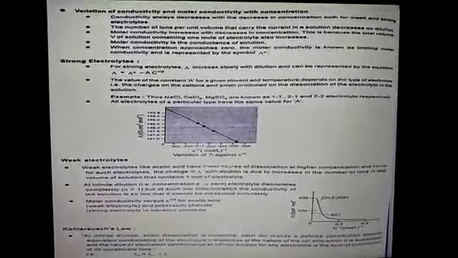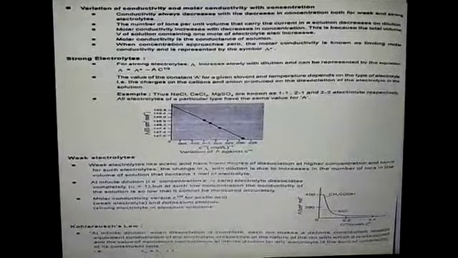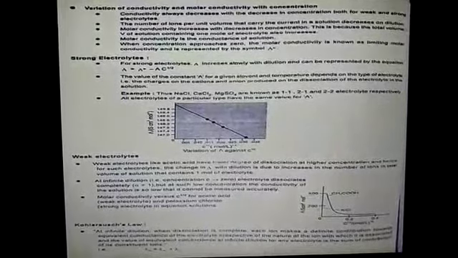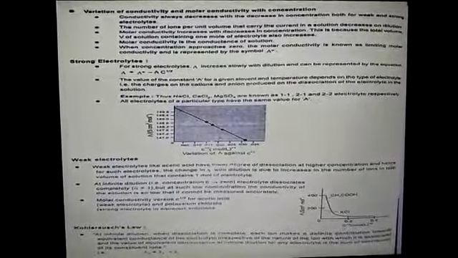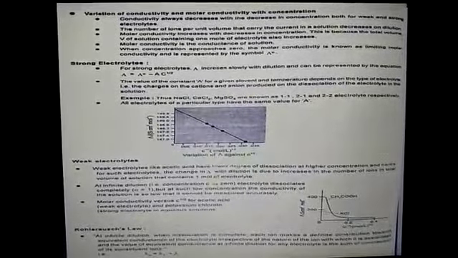Now when the concentration approaches 0, the curve will intercept the molar conductivity y-axis at a point known as lambda naught, the limiting molar conductivity. This limiting molar conductivity is the conductivity of the electrolytic solution when its concentration approaches 0.